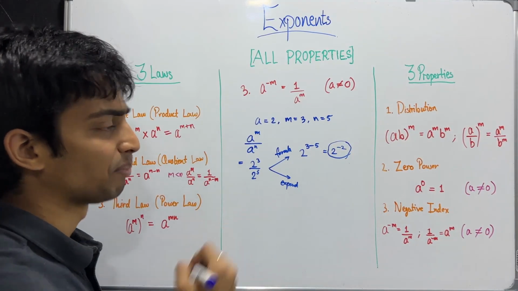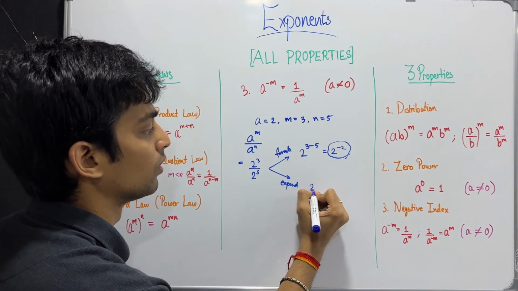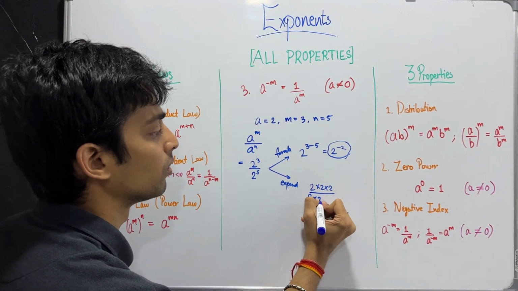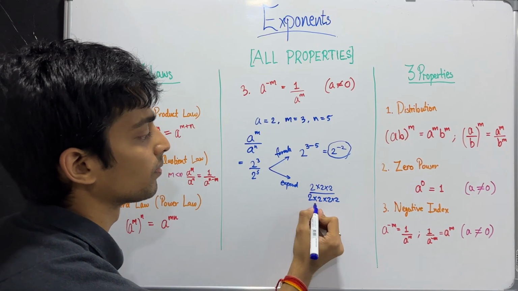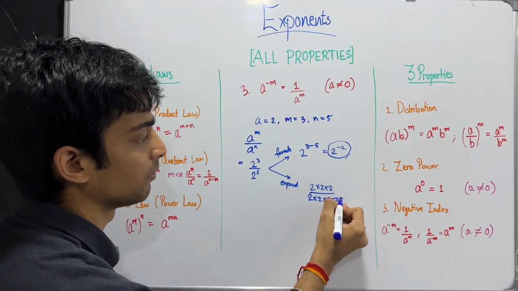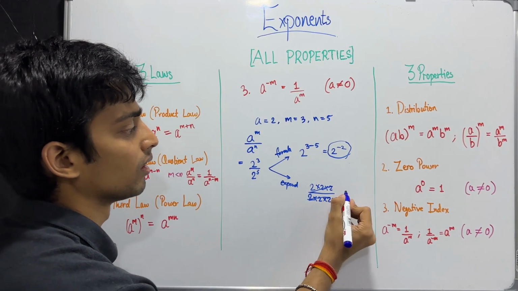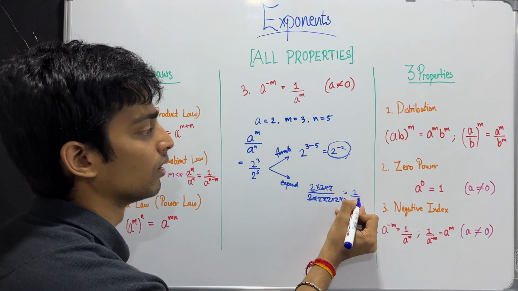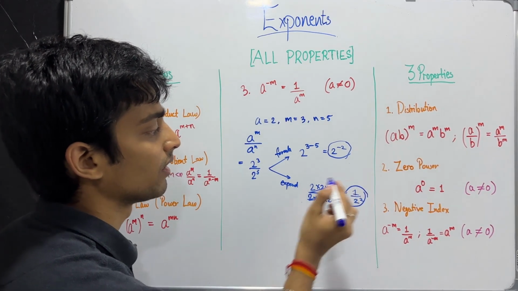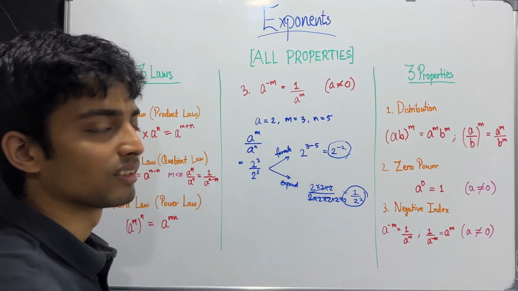Now with expansion, let's see what we get. So we can write 2 into 2 into 2 upon 2 into 2 into 2 into 2 into 2, 5 times, so 3 cut, 3 cut. So we got 1 upon 2 raised to 2. So basically negative index we can write as this.